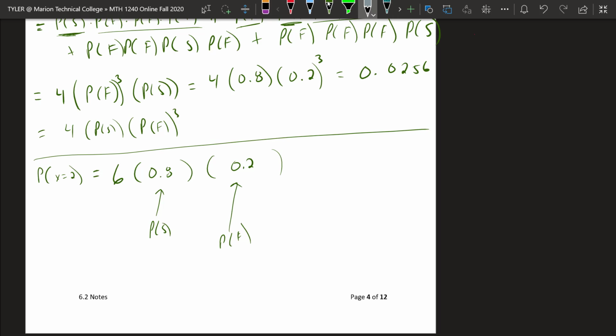So this exponent here would be the number of successes, and this exponent here would be the number of failures. If x equals 2, there's 2 successes, and that leaves 2 planes that weren't on time. So if you plug that in your calculator, you should get 0.1536.